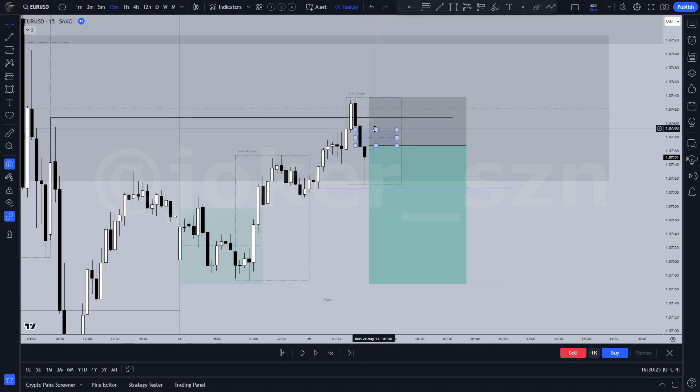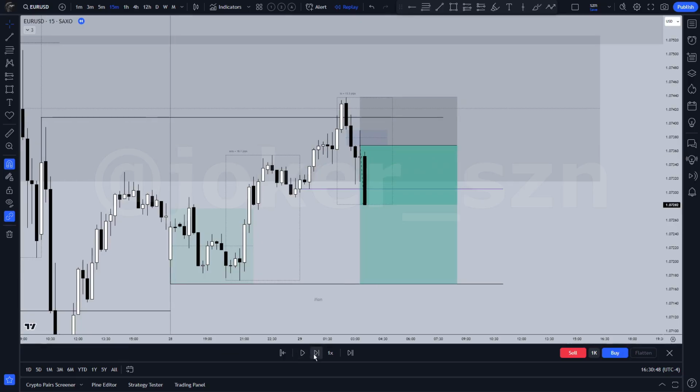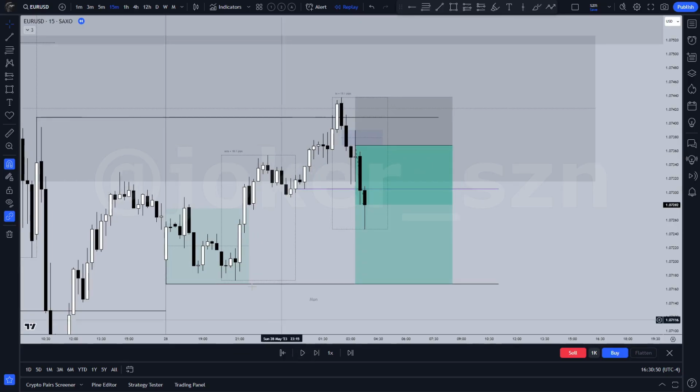If we get a close back above this value gap again, I will then cut my trade for a small loss. But as long as we don't close above the middle of this value gap, we are still bearish, and I will look for price to sell off here. So there you would have gotten tagged in, and now we want to see if we can get to the Asian lows here, right?